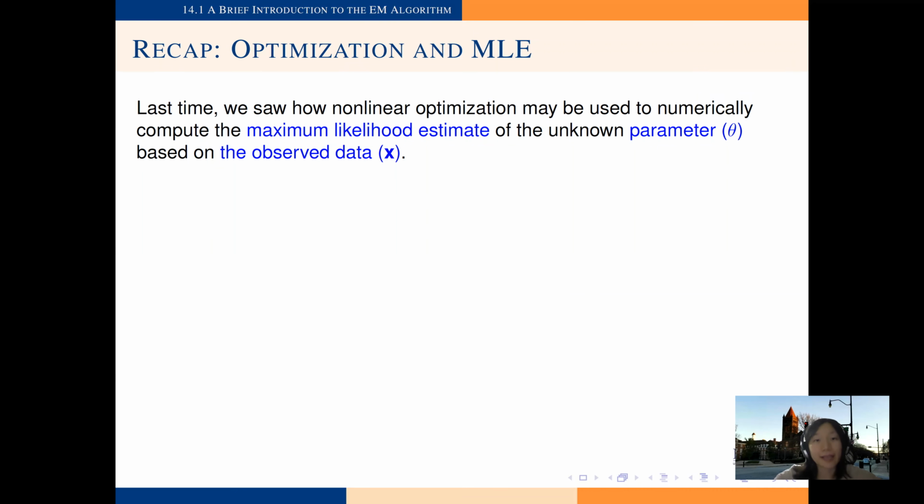First, let's try to recap what we talked about last time. Last week's lectures were on optimization. We saw how nonlinear optimization may be used to numerically compute the maximum likelihood estimate, or the MLE, of the unknown parameter theta based on the observed data x.